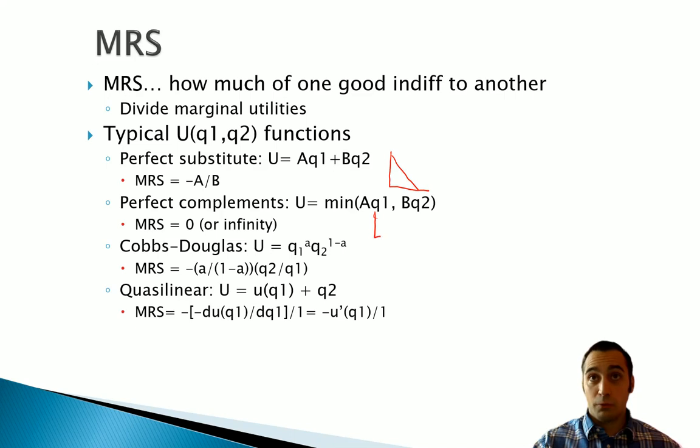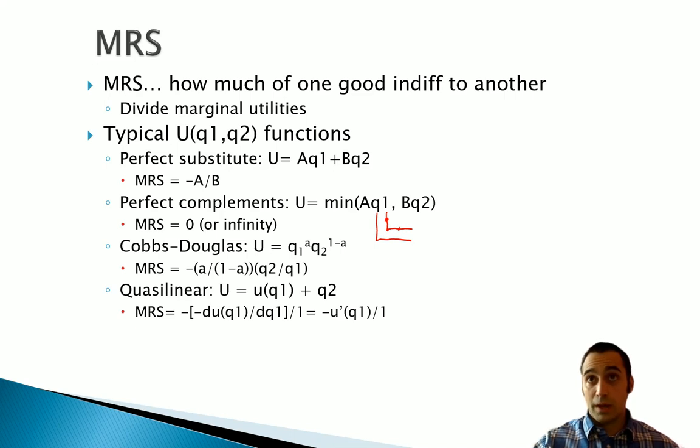Your MRS for perfect complements will be a little trickier. We said before that your marginal utilities will either be A or B if you're deficient in Q1 or Q2 respectively, or 0 if you already have enough of that good. So anytime we're looking for an MRS, we're either going to be here, here, or here. If we are here, our marginal utility with respect to good 2 is 0.